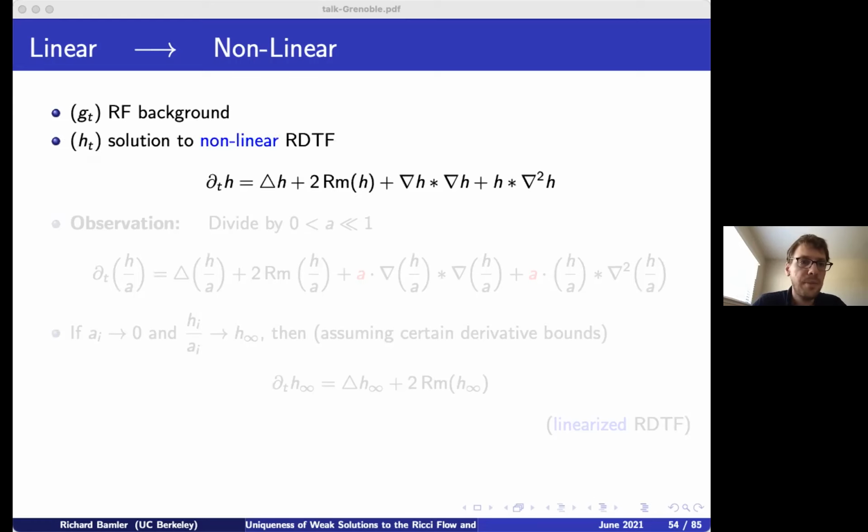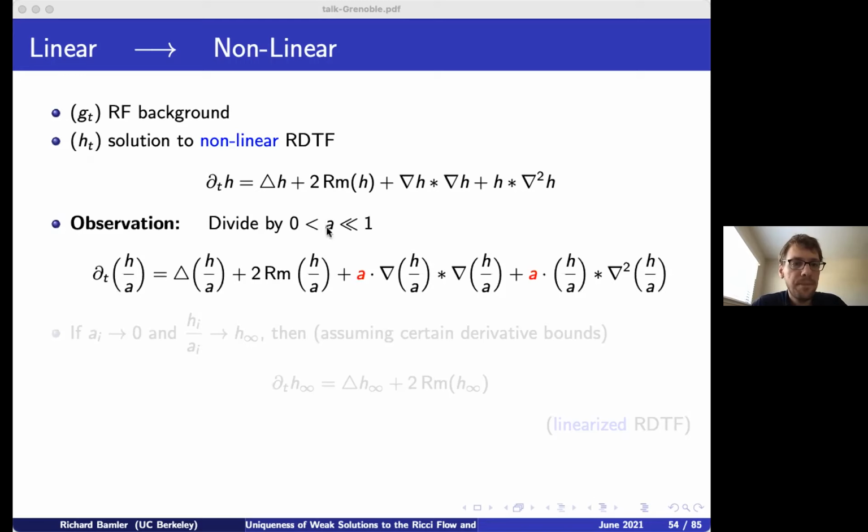Again, let's assume we have a Ricci flow background, and we have a solution to the nonlinear Ricci-DeTurck flow equation. I'm going to use the following observation. Let me take some constant a, much smaller than 1. And let me assume that h is very small, so that if I divide h by a, this is going to be reasonably sized.